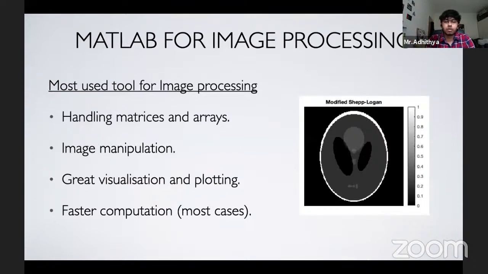If you have done some lab work with MATLAB, then you would know that you can visualize this, how do I call it, phantom. And you can plot intensity profiles. You can see the maximum value, minimum value, and all such calculations. So this is a Shepp-Logan phantom, which you can generate in MATLAB using a simple function, which I will show later.